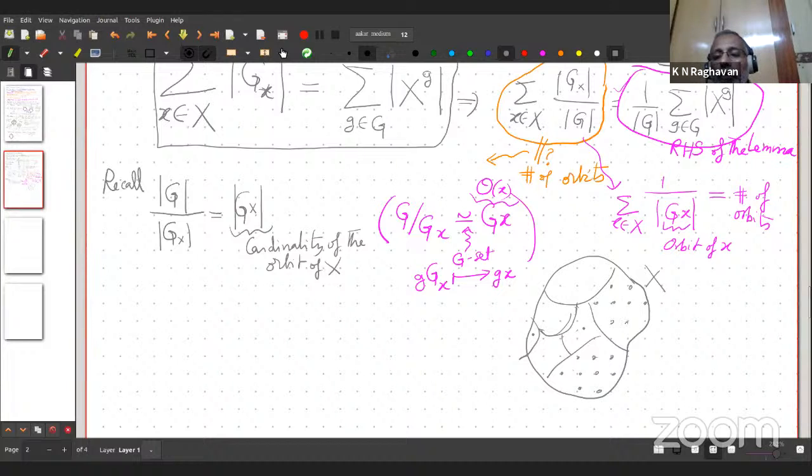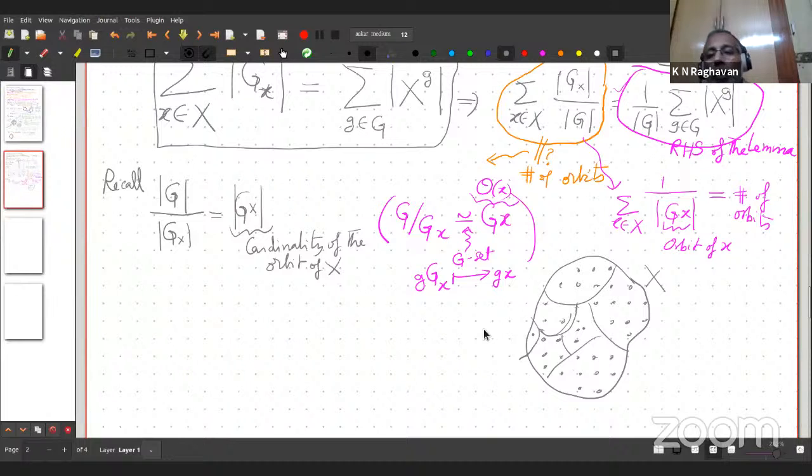So these are elements of X. This is just a schematic picture. This has a single dot, this has 3 dots, this has 5 dots, or 6 dots maybe.